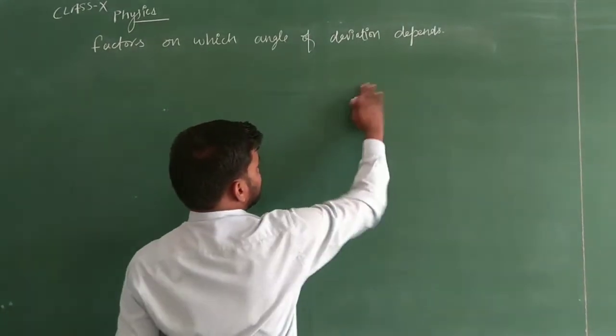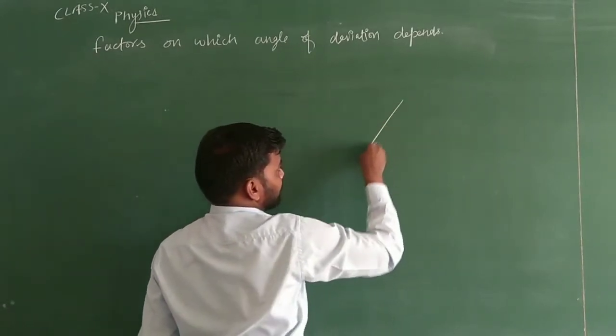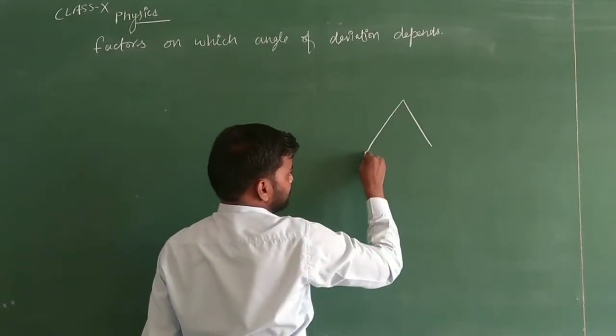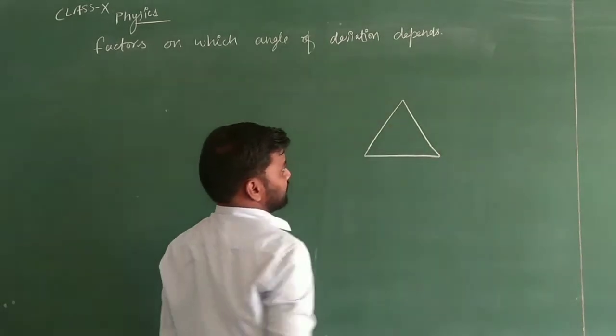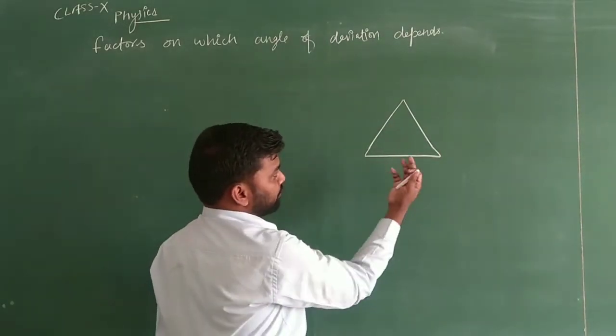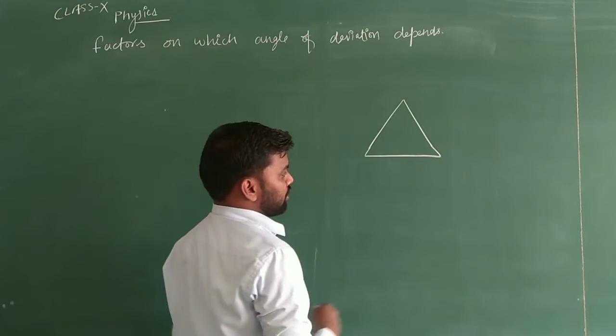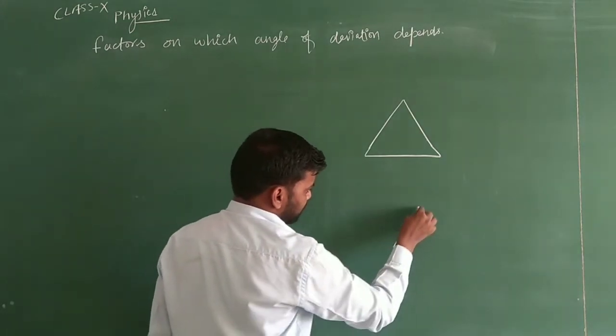Okay students, so here is a prism. As you can see, it is the top view of that prism. If we need to draw the 3D view of that prism, it will be like this.